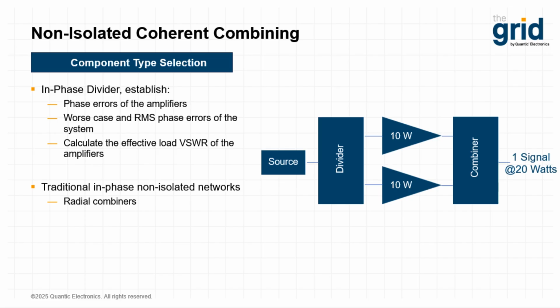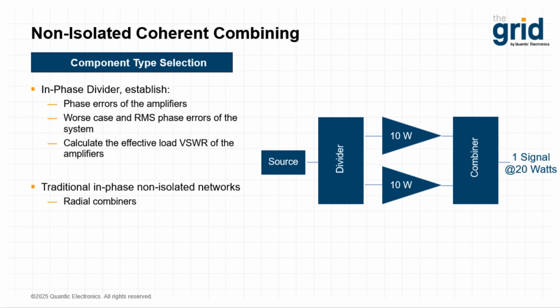For a non-isolated coherent combining, this can be a very good option for anybody who's looking at trying to reduce overall insertion loss within the combiner and also help with some of the other thermal management things that we have to deal with.